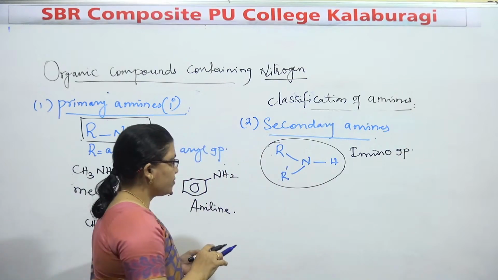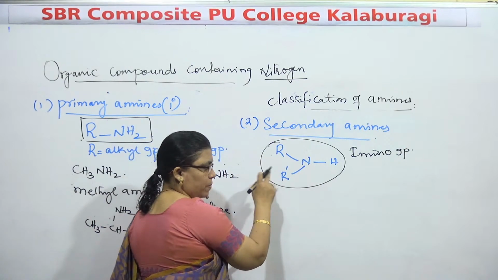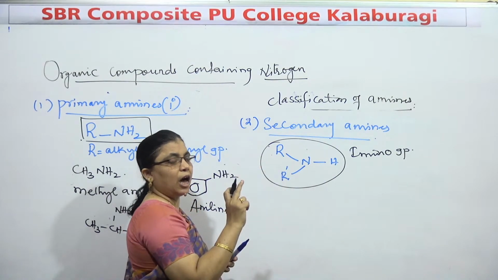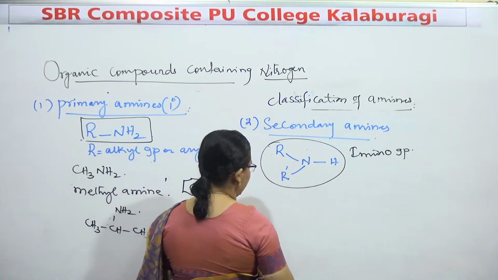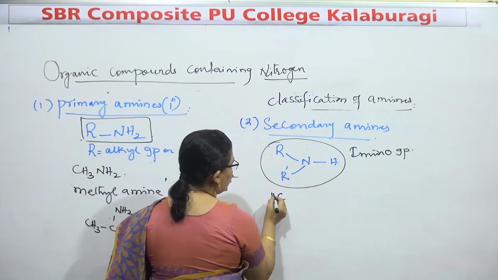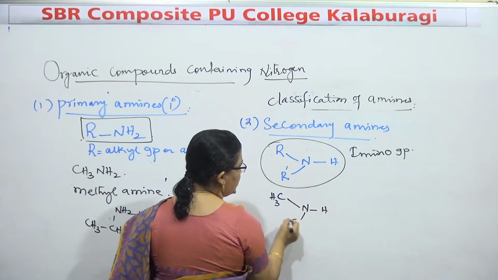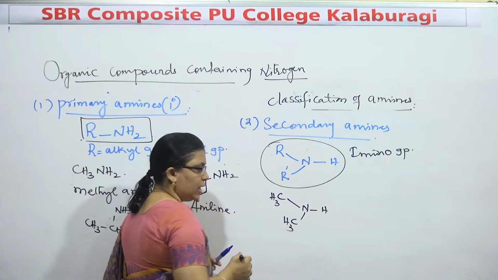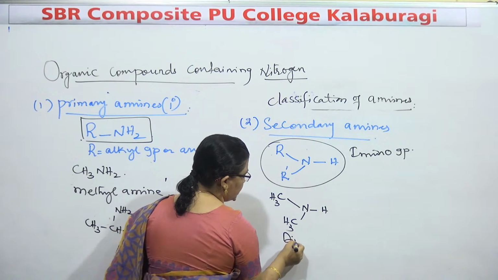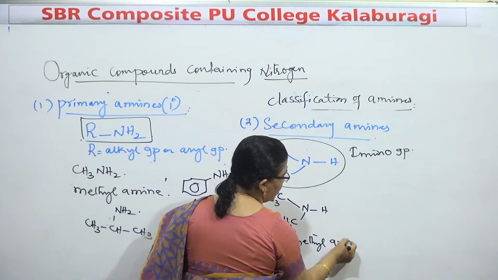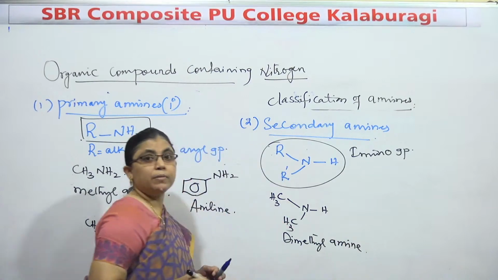So here this R and R dash may be same, may be different, may be aliphatic, may be aromatic. Let us move to the examples. Both may be methyl group. They are called dimethylamine.